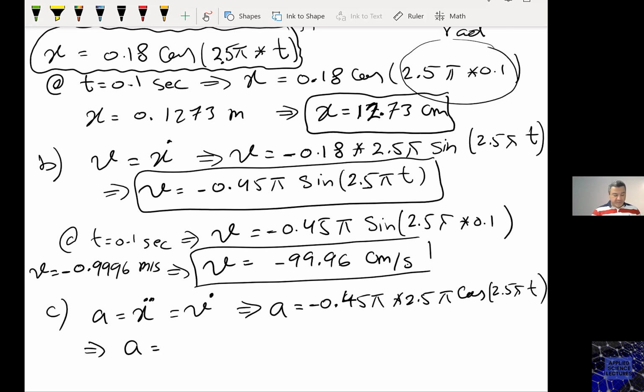And the acceleration is minus 11.1 cosine 2.5 pi t.